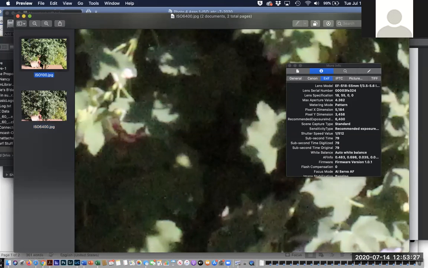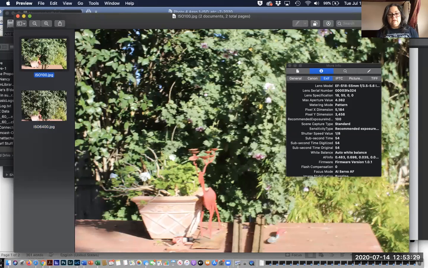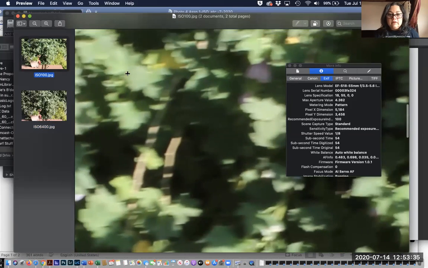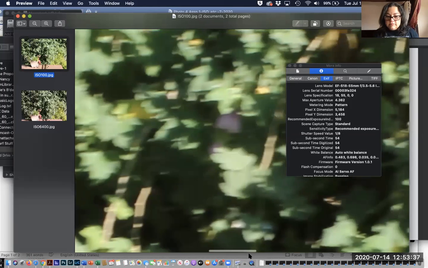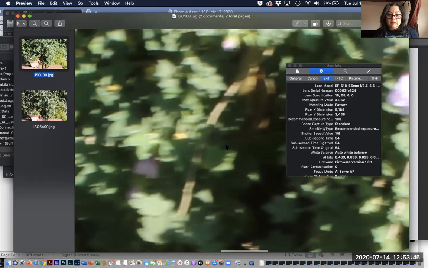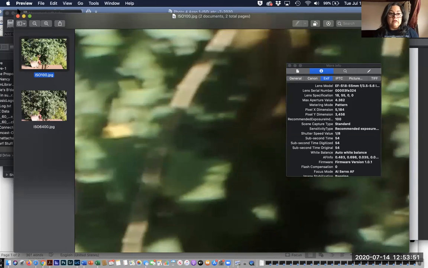So let me just go to this lower ISO image. And although it's blurry, as I said, because the camera moved, the quality in terms of artifacts is much greater.